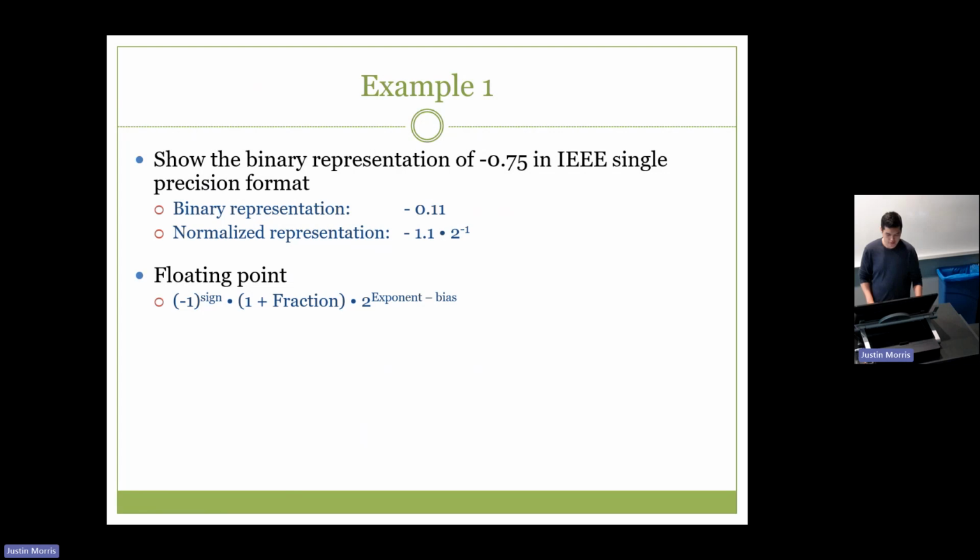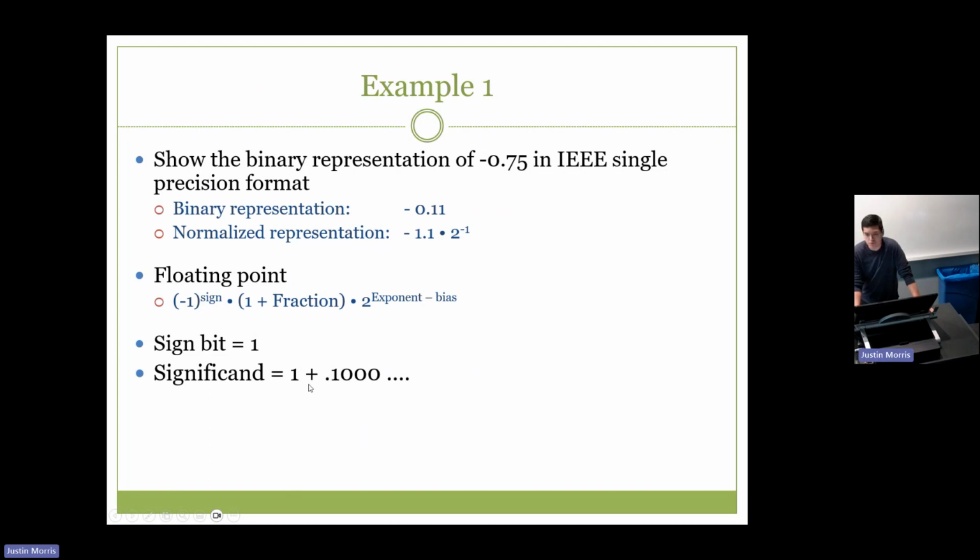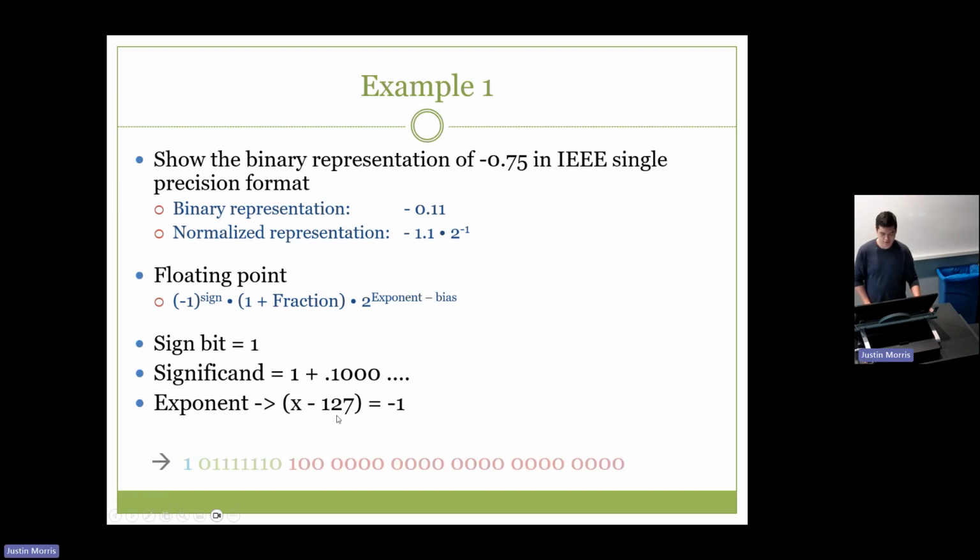So here is our representation. Sign bit is 1, significand. Probably one of the most common mistakes is that I put my fractional bits as 0.11, right? Because you forget that the 1 at the very front is implied. And then my exponent, I know I have this equation, and I solve for x, and we get 126.